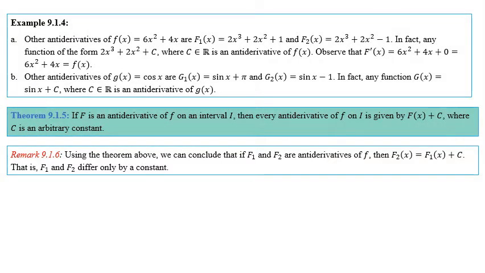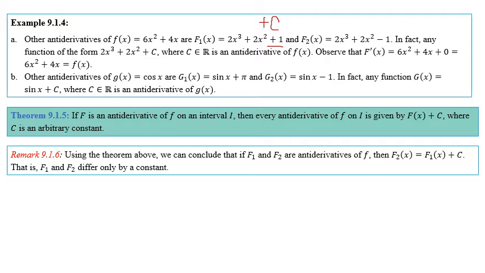Other antiderivatives of f of x, ito yung sa example natin sa previous. f of x equals 6x squared plus 4x, or F1 of x pwedeng 2x cubed plus 2x squared plus 1. Kasi yung C na yun, class, diba, ang sabi ko, every time na after kayong mag-anti-differentiate or mag-integrate, always kayong mag-add ng C. Ito kasing C, class, is any arbitrary constant, ibig sabihin kahit ano yung value niyan.